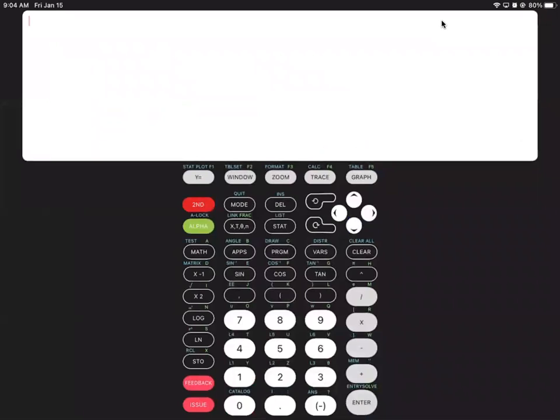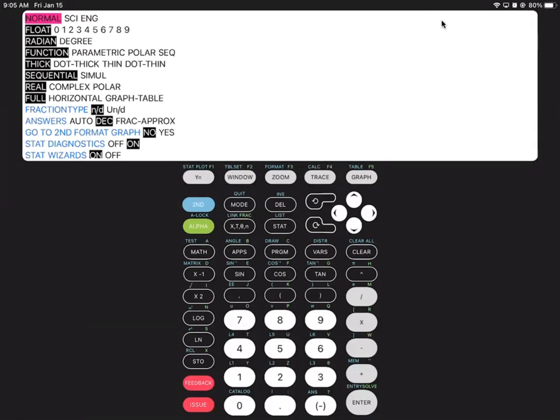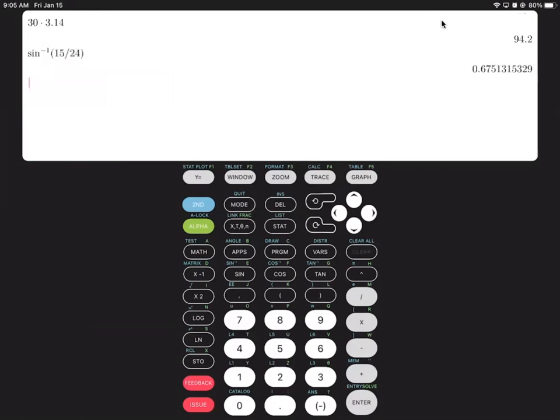So second sine, 15 divided by 24. Oh, see, that was wrong because my mode, I didn't check mine. So let me put it in degree mode. And let me try that again. Second sine, 15 over 24. That looks better.